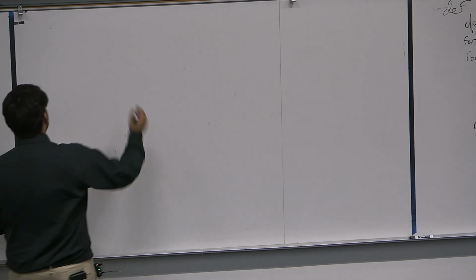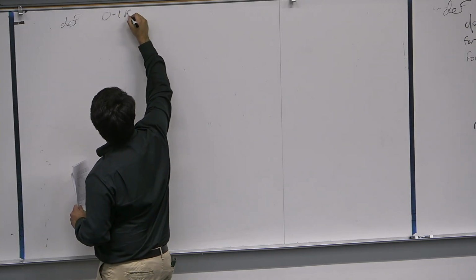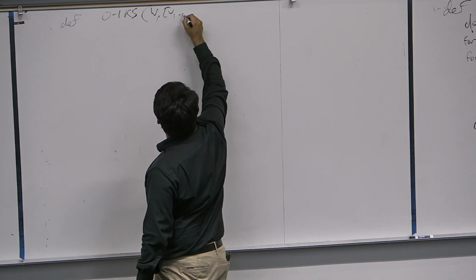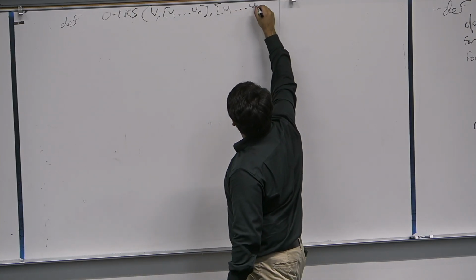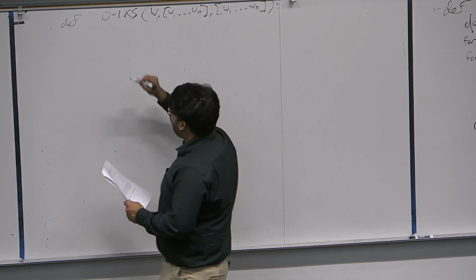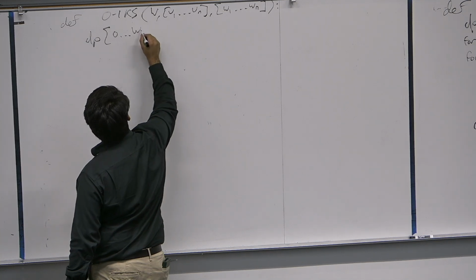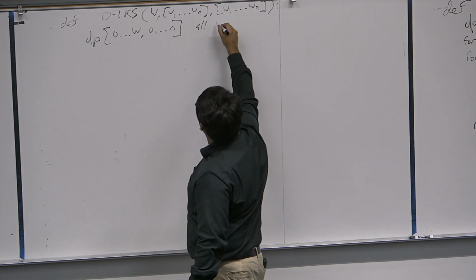So we'll call this 0-1 Knapsack, and it takes as input a W, an array of V1 to Vn, and an array of W1 to Wn, right? And let our dp of, let's say, 0 to W, 0 to N be all zeroed.